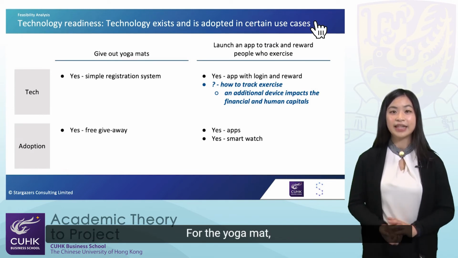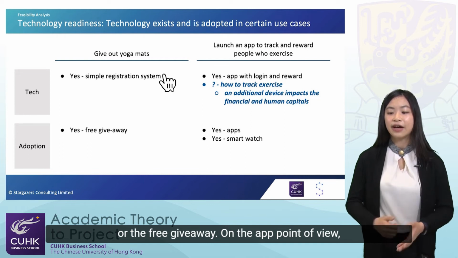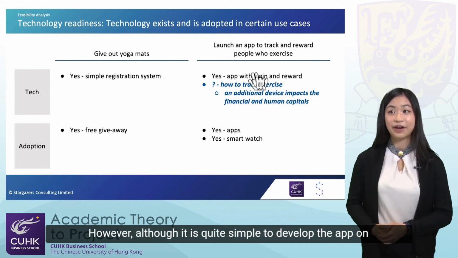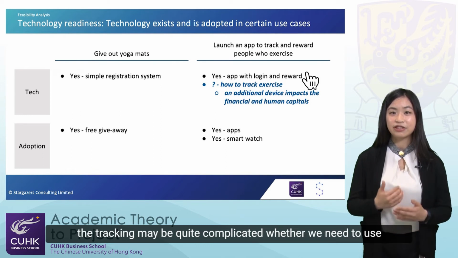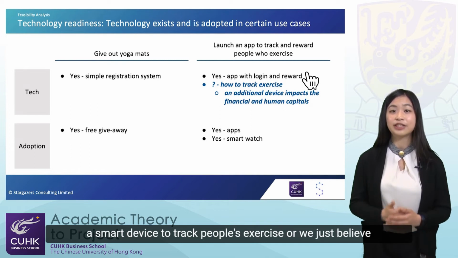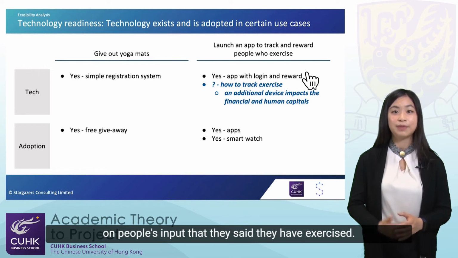For the yoga mat, it is also relatively simple for the registration system or the free giveaway. From the app point of view, however, although it is quite simple to develop the app, the tracking may be quite complicated: whether we need to use a smart device to track people's exercise or we just believe people's input that they said they have exercised.